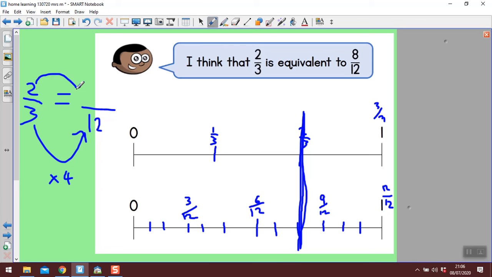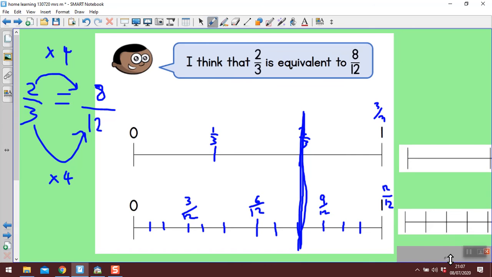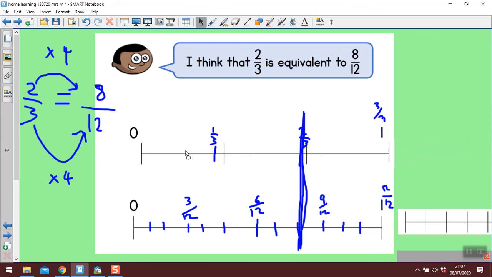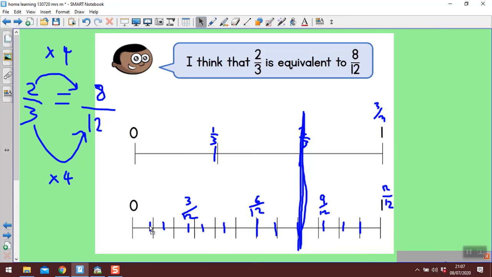So if we multiply the numerator by the same number, what do we get? 2 times 4 is 8, so that means that they are equivalent. Oh, I'd already made them. So checking a little bit more accurately. 2/3, 8 twelfths, and they work.